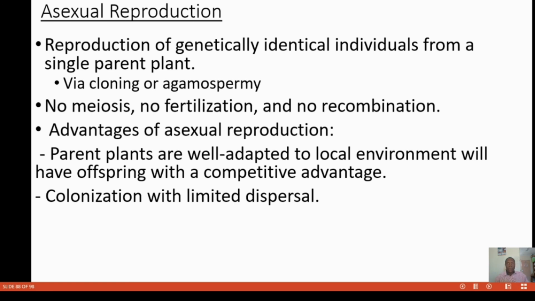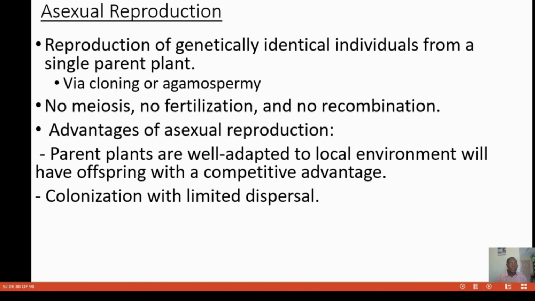And this is via cloning or agamospermy. No meiosis, no fertilization, and no recombination. And there are certain advantages that such plants are very well adapted to local environment and will have offspring with a competitive advantage.